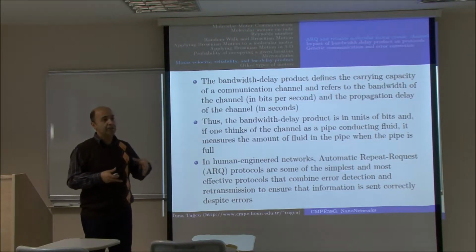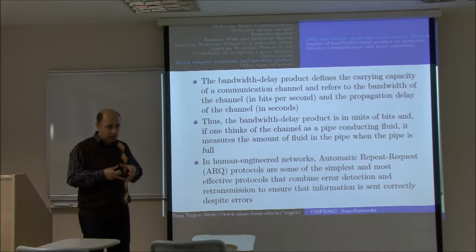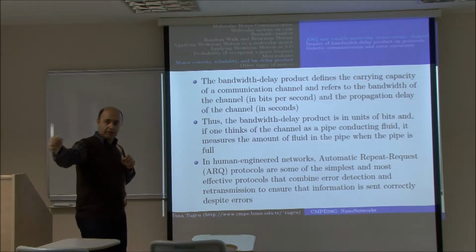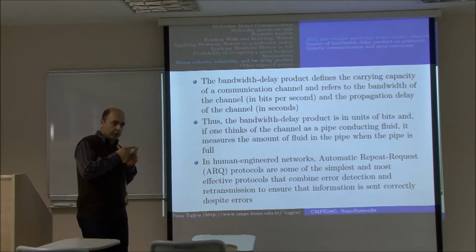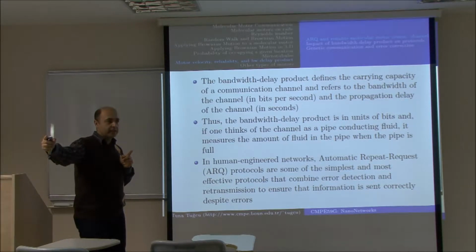However, without making the channel wider, if you make the link longer, again you can put more information on the channel. But now the problem is, since the length is longer, the time it takes to go from one end to the other end of the link will be longer, which is not something we want so much, but it may happen.